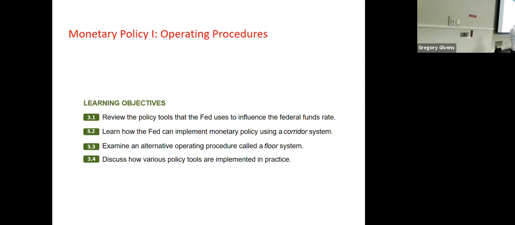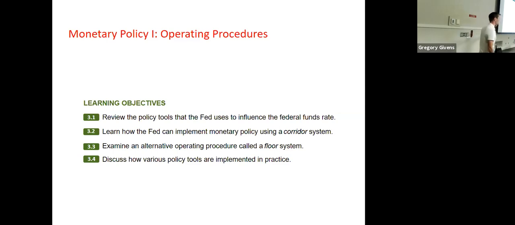This supply and demand model of interbank loans that we're going to develop, we're going to use this to describe how the Fed can implement policy in what's called a corridor system. I'll talk about specifically what I mean by a corridor system in a few minutes, but just bear in mind that this operating procedure, or way of implementing monetary policy, was the way things were done before 2009. That is, up until late 2008, actually, okay?